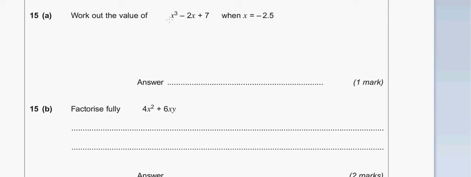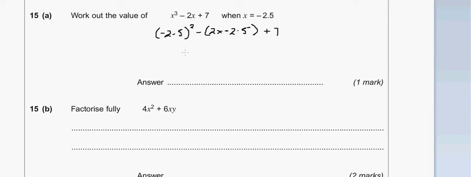So x cubed would be minus 2.5 all cubed, take away 2 times minus 2.5 and add 7.